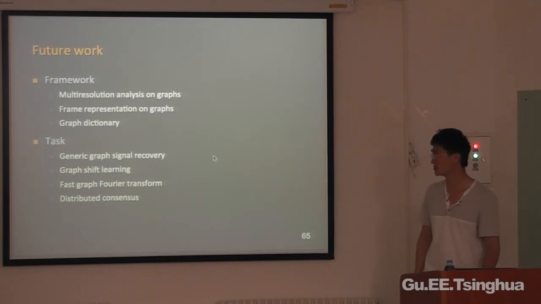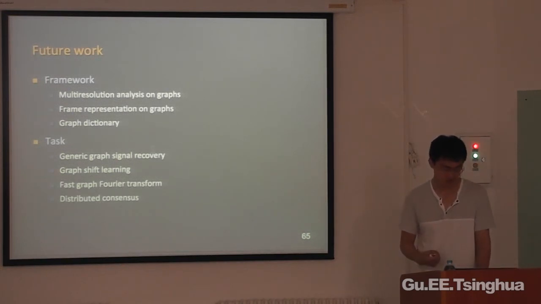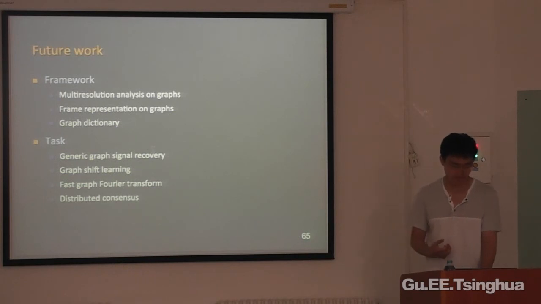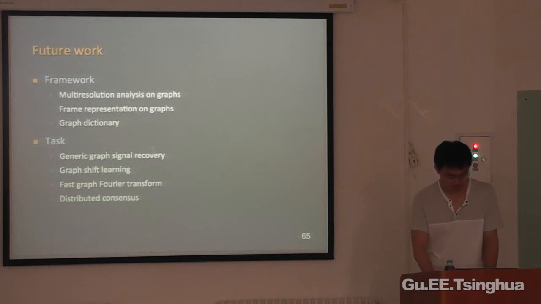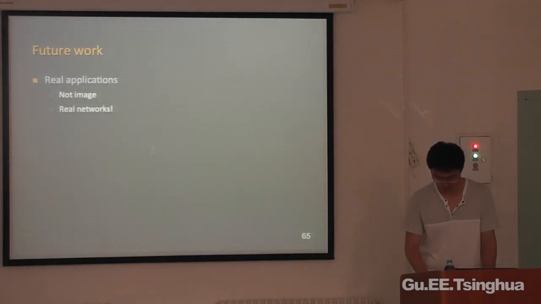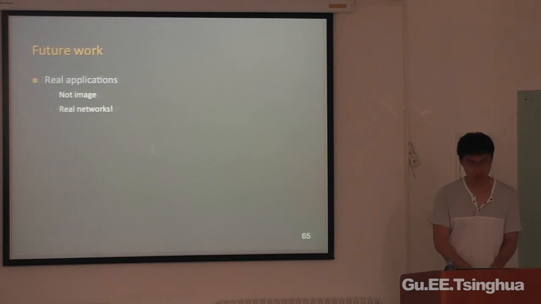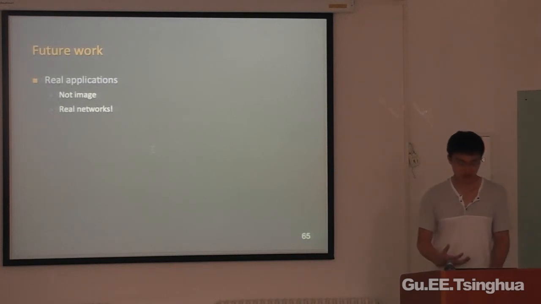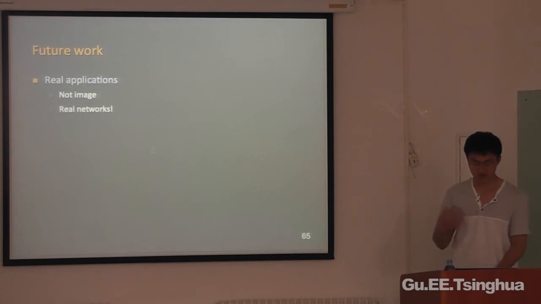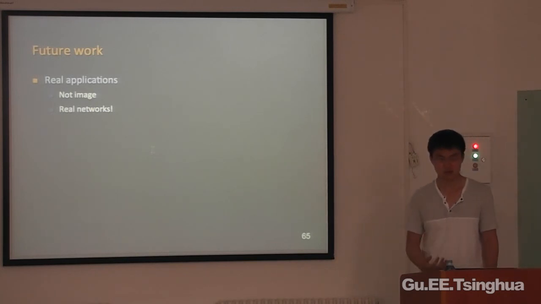In specific tasks, we want to do generic signal recovery, shift learning, fast Fourier transform, and also some applications to distributed consensus. There are also some people doing signal processing on graphs who put their very powerful framework on images. The idea for us is not to work on images, we want to do signal analysis for real networks.